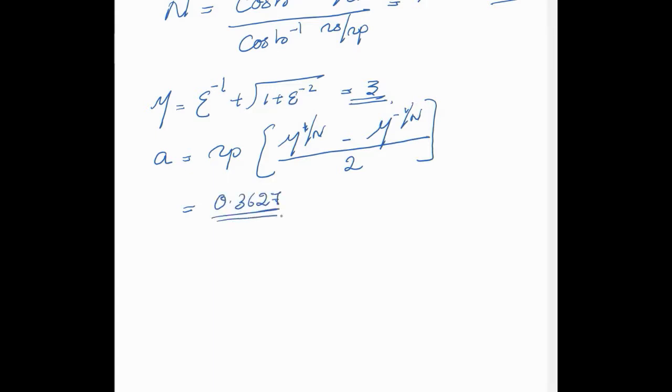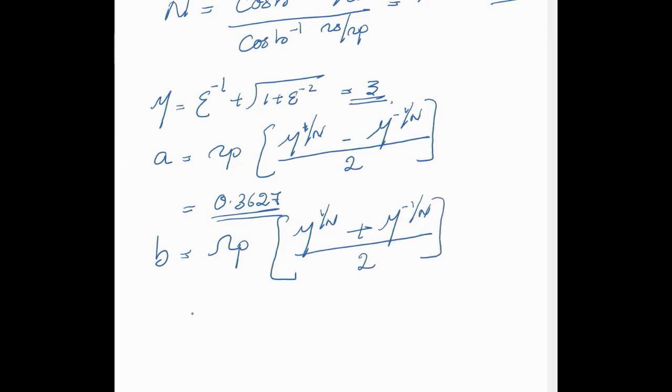You will get 0.3627. Similarly, B is equal to omega p times (mu raised to 1 by n plus mu raised to minus 1 by n) by 2. Here also when you are substituting, omega p is equal to 0.2 pi, mu is equal to 3, n is equal to 2.